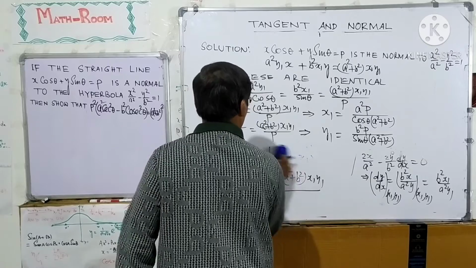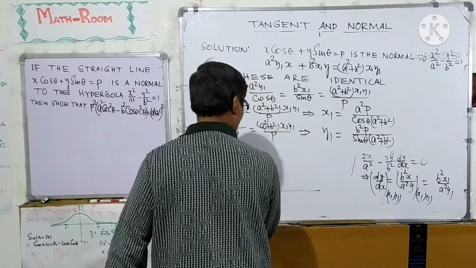So, we have got the value of x1 y1, that is the coordinate of the point of contact.